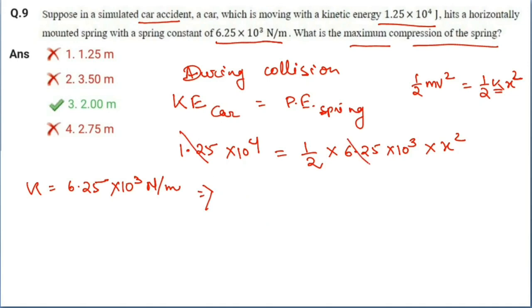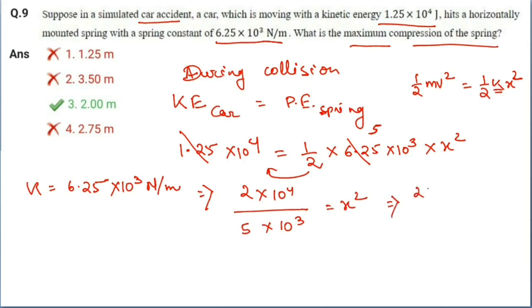Now, as we know, 1.25 multiplied with 5 gives us 6.25. So now in LHS, this 2 comes to this side, then 2 into 10 to the power 4 divided by 5 into 10 to the power 3 is equal to x square.